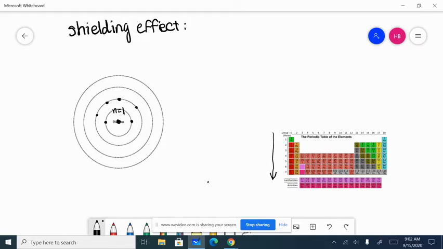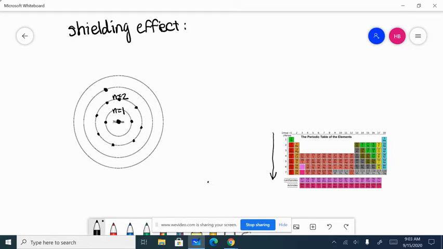Let's go down to sodium. So sodium has a second full shell. He has the first full shell still, and he has the second full shell. The N equals 2 shell is full. And then he has 1 valence electron in the third principal energy level.